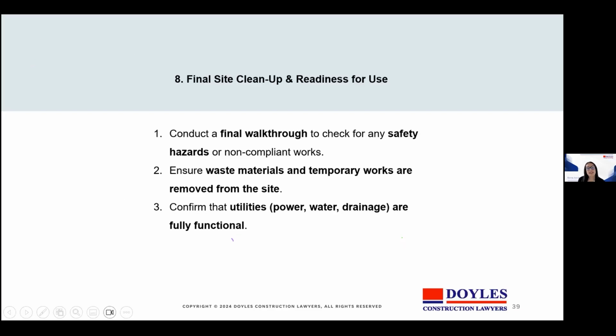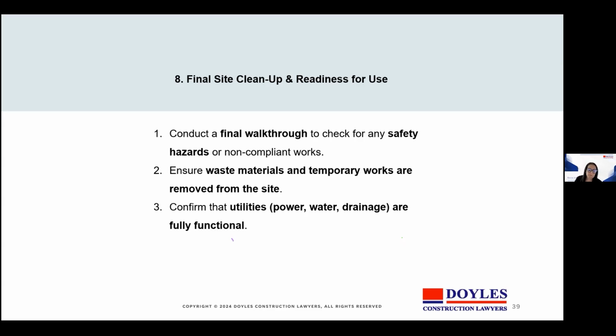The final site cleanup and readiness for use. It's important to conduct a final walkthrough to check for any safety hazards or non-compliant works. Ensure waste materials and temporary works are removed from the site, and confirm that utilities, power, water, drainage are fully functional. So the project must be safe and functional and ready for use.